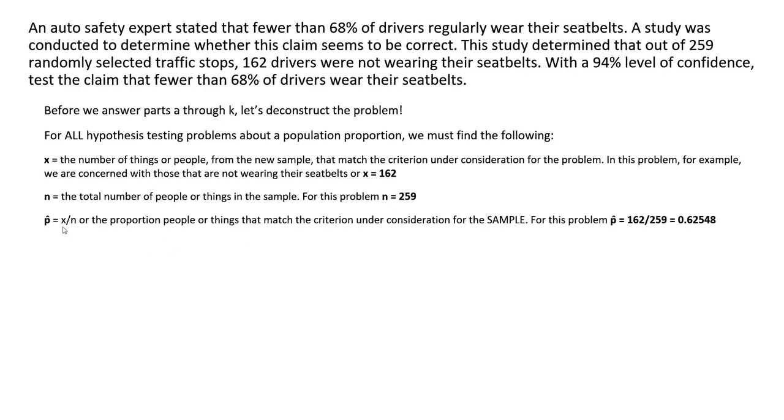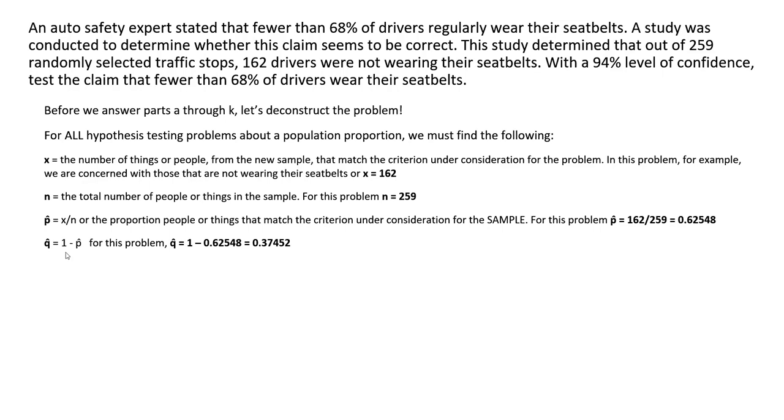In other words, X divided by N. This gives us the proportion of people or things that match the criterion under consideration for the sample. So for this problem, P hat equals 162 over 259, or 162 divided by 259, which is approximately 0.62548.